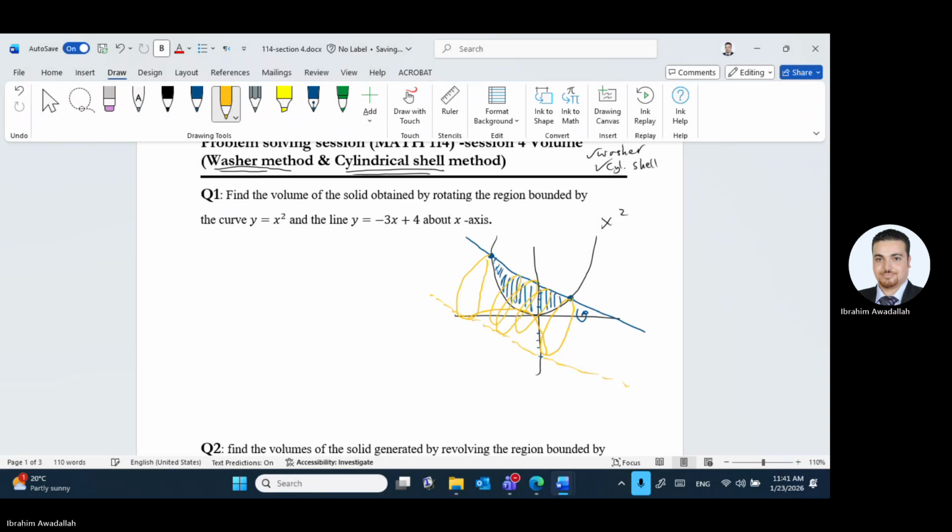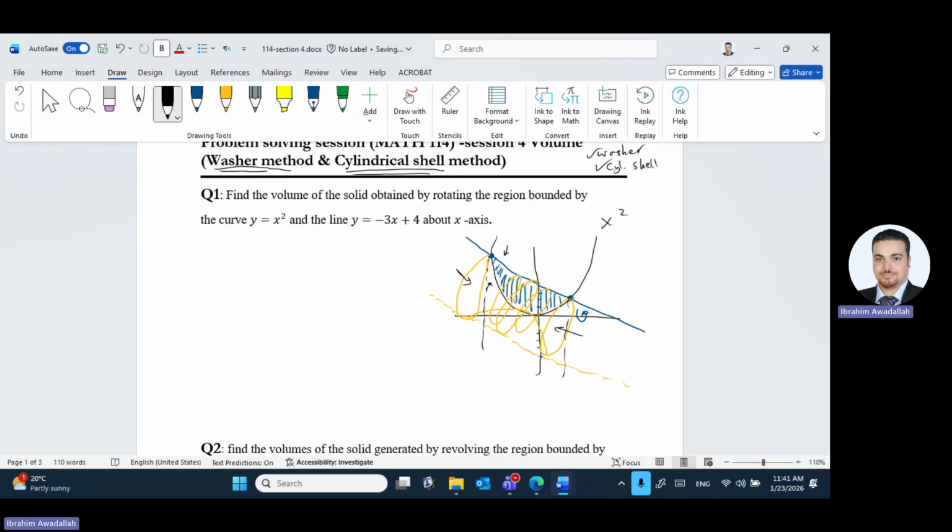Okay, how we can find the solid? By the way, from here will be empty, from here will be empty. So that's how I know that we should use washer method. And definitely I have two functions, one function here, one function here. For me, first of all, I should find this point and this point.